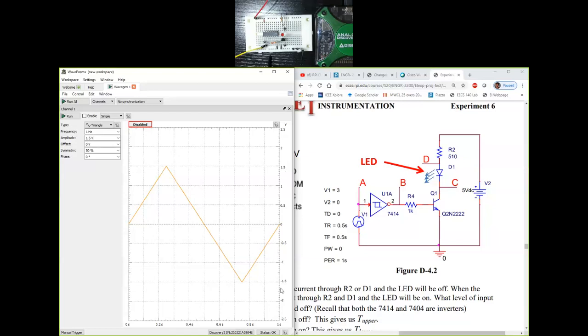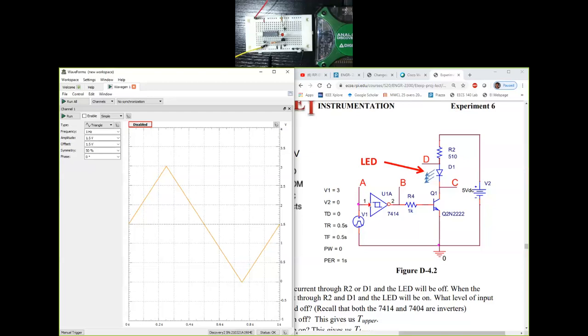I need to offset that by another 1.5 volts. So I'm going to add that particular offset over here. Now it is going between 0 and 3 volts. Half a second it is rising and half a second it is falling, and the period is 1 second. So that is what I needed for WaveGen. So I set it up based on the V pulse that you would use in Capture.